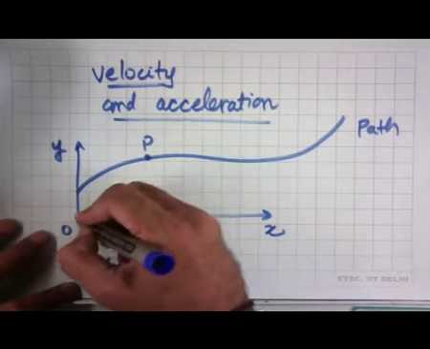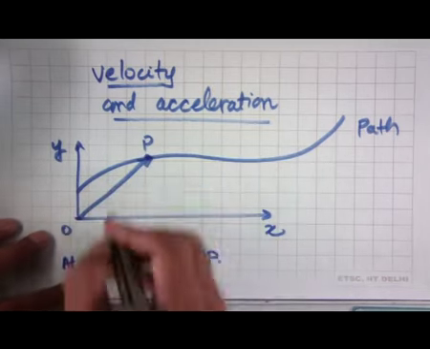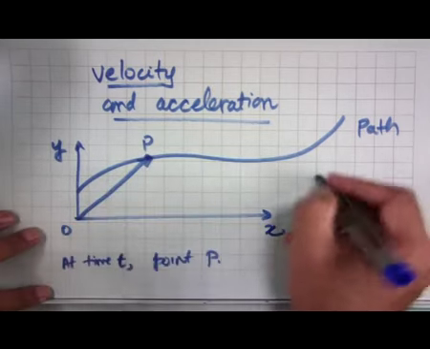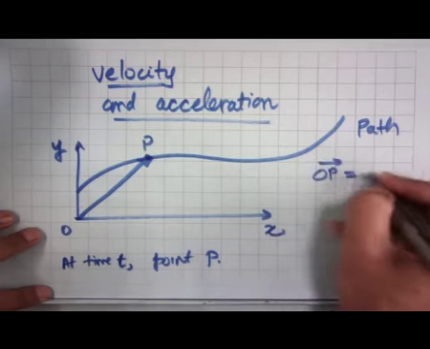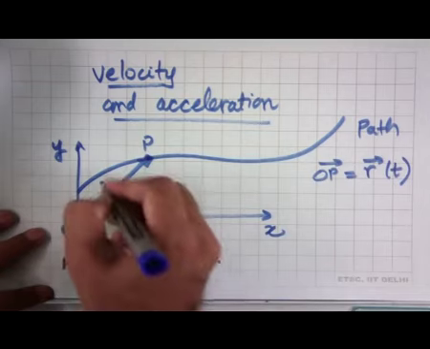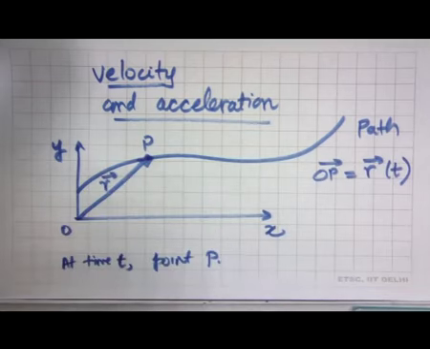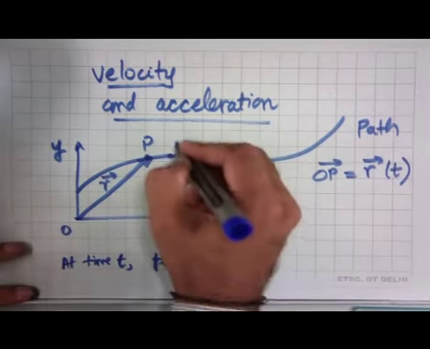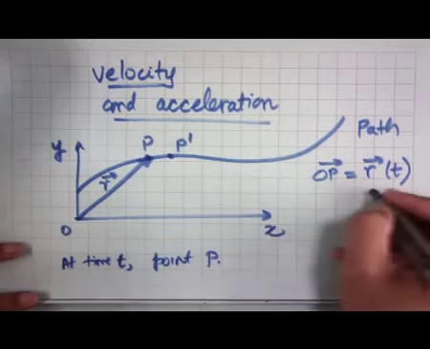So, what we do is we draw OP, the position vector at time t, we denote it as vector r as a function of time.